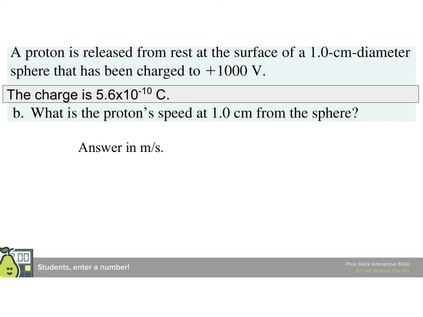All right, what is the proton speed at 1.0 centimeters from the sphere? We have to be careful about what they mean by from the sphere. Here's our sphere, which has radius r, which was 1/2 centimeter. From the sphere I'm taking to mean another 1 centimeter over.